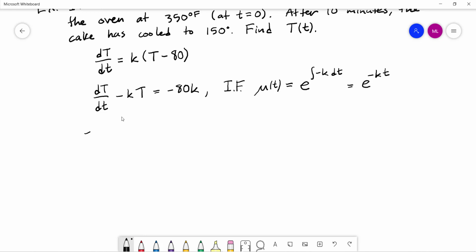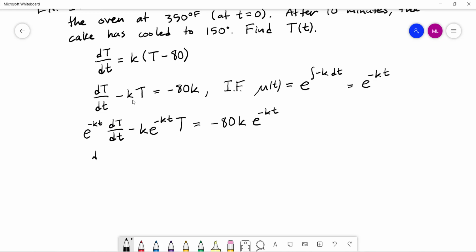So I'll have e to the negative kt times dT/dt minus k e to the negative kt times T equals negative 80k times that same integrating factor, e to the negative kt. So I've just multiplied all three terms in the original equation by e to the negative kt. But now I've got it set up that this is the result of the product rule.